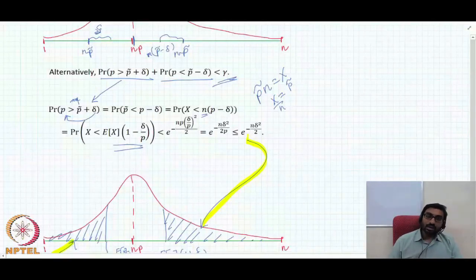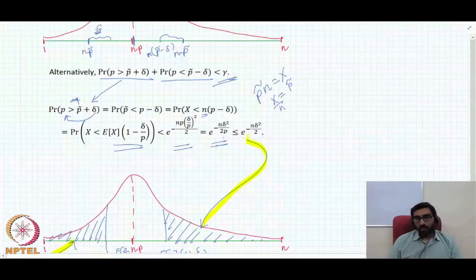So now we can apply the Chernoff bound, and the bound we will get is e raised to the minus np times delta over p squared divided by 2. We can cancel out one of the p's here, and you'll get this term.